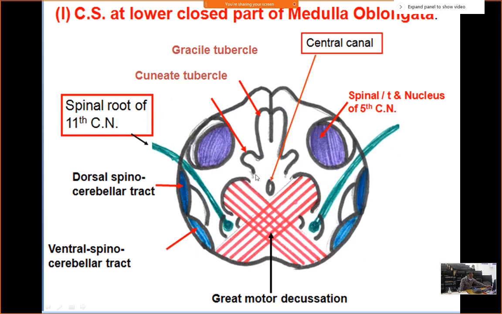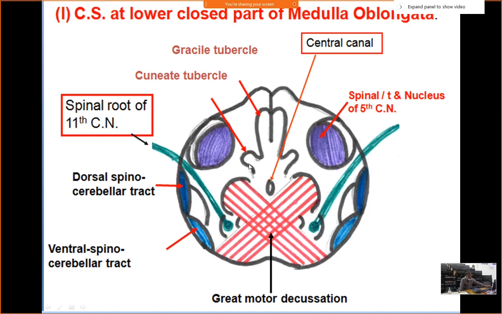Next, this is our gray matter, and this gray matter ultimately posteriorly or dorsally becomes elongated. Some elongation is there, a strip-like elongation of the central gray matter.